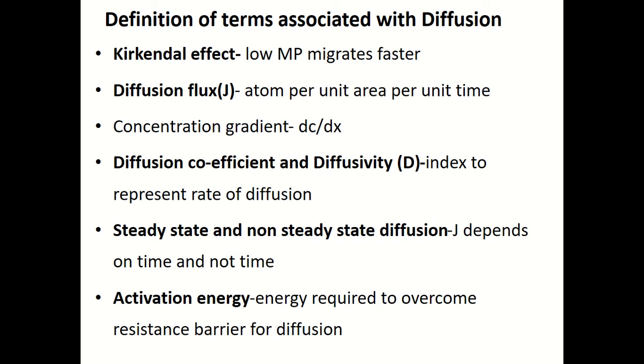The energy required by an atom to overcome this barrier is known as the activation energy of diffusion. This activation energy depends on various factors like type of diffusion, crystal structure, type of bonding, size of atoms, etc.